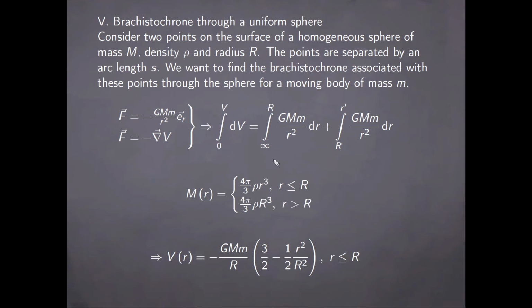And from these expressions, the integration is straightforward and leads to the well-known formula for the potential associated with a homogeneous sphere when moving inside it. So it's an expression for which the gravitational field is essentially harmonic in the radius. It depends on the square of the radius from the origin of the sphere.